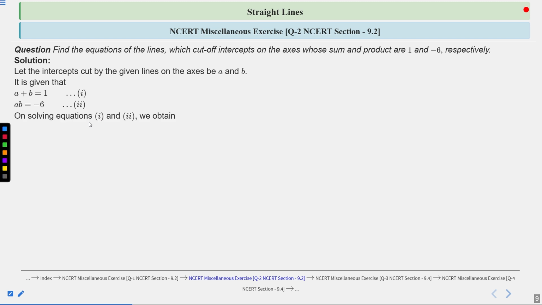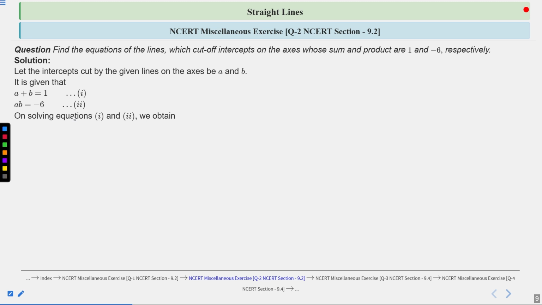Now on solving equations 1 and 2, we obtain the values of A and B. You can easily solve equations 1 and 2 by using the elimination method or the substitution method.